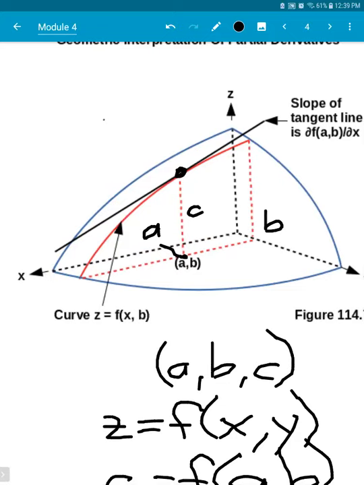And then the partial with respect to y will be represented by the slope of the tangent to the surface at the point ABC parallel to the y direction. Okay, I've uploaded two videos there in the module, which will give you the geometric interpretation and can be better illustrated there because of the high-tech tools that they use.